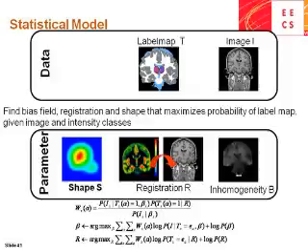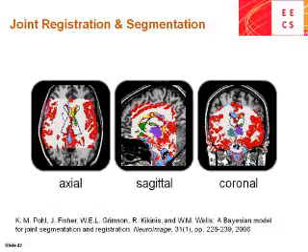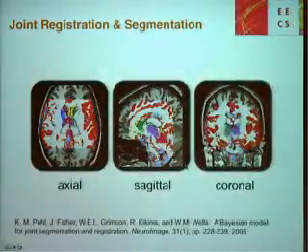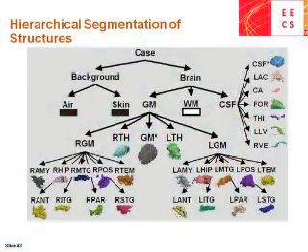And now we can solve automatically for what is the label map, the registration, the shape that maximizes this probability. And we now get segmentations that can pull out very subtle structures by automatically co-registering and segmenting the structures. We do this hierarchically. It's a standard CS trick, and I just want to show you the example.